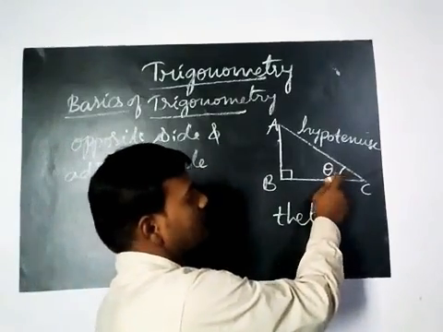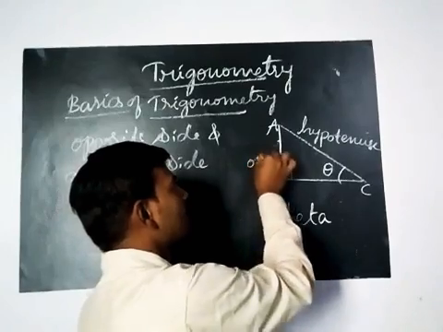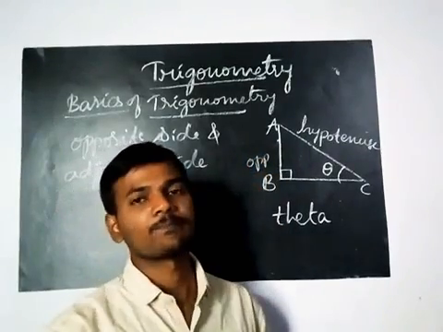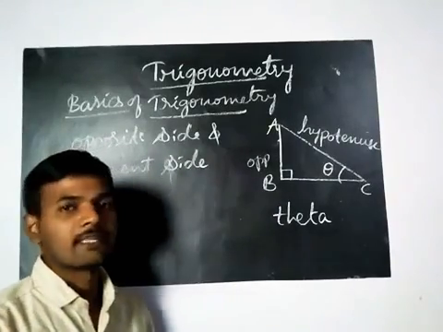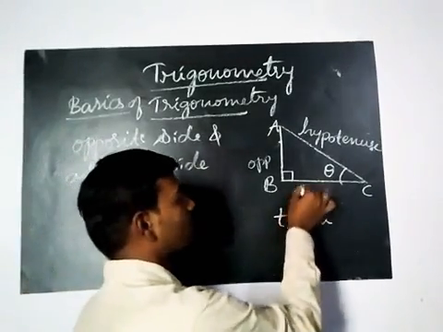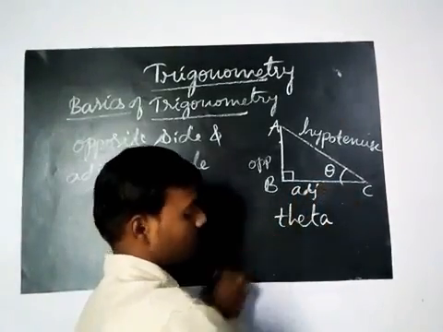For this angle theta, the side opposite is AB, the opposite side. One more side is left. That side is known as the adjacent side.